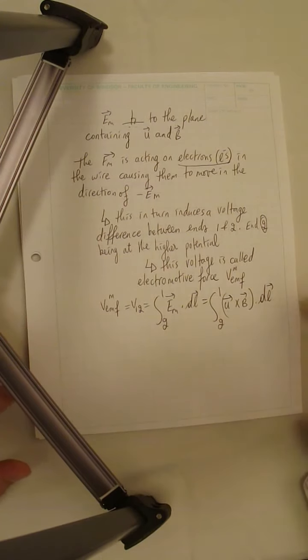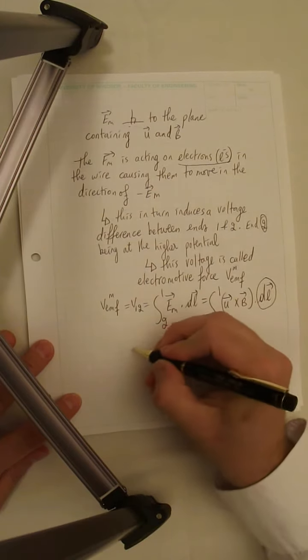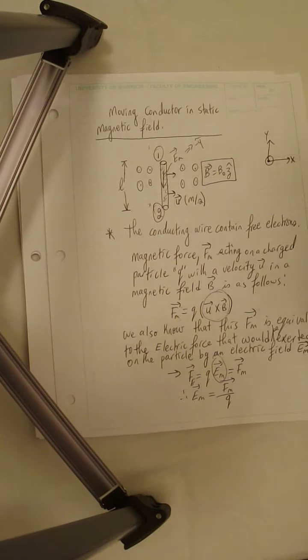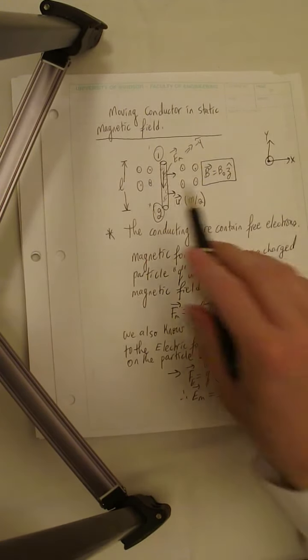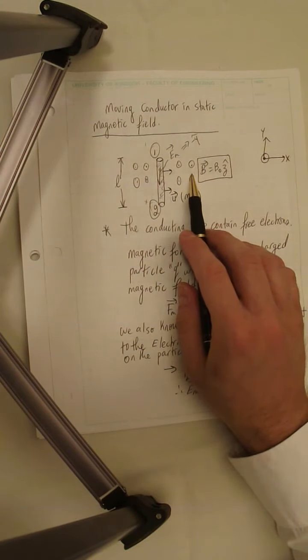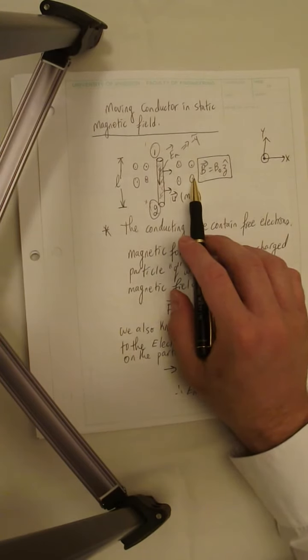Now for this conducting wire, what would dl be? Usually dl is taken as the part of the wire that crosses the magnetic field, where the charges cross the magnetic field.